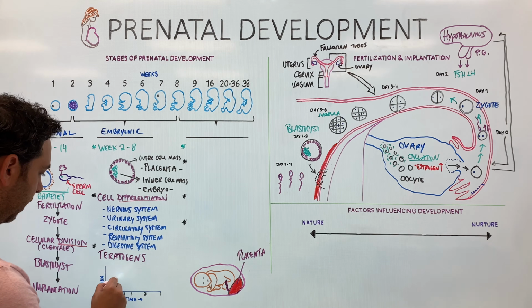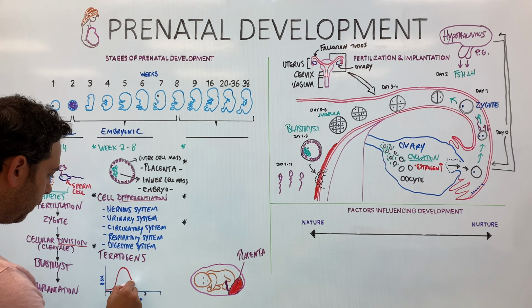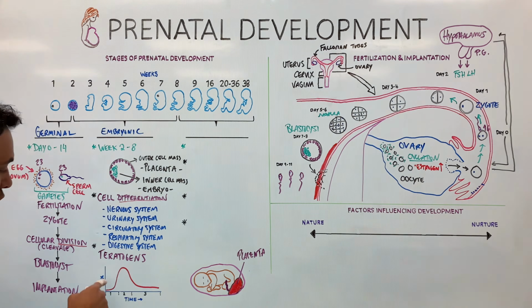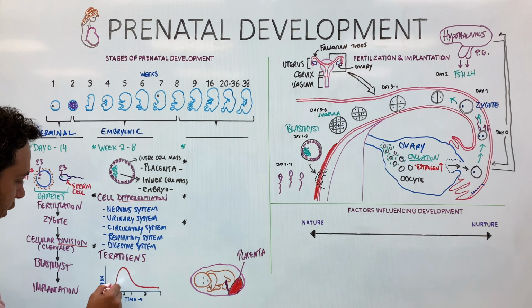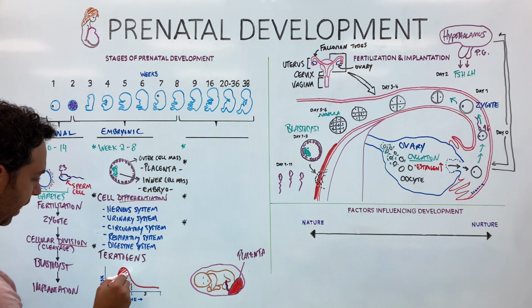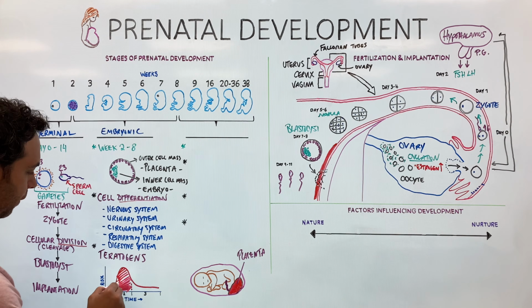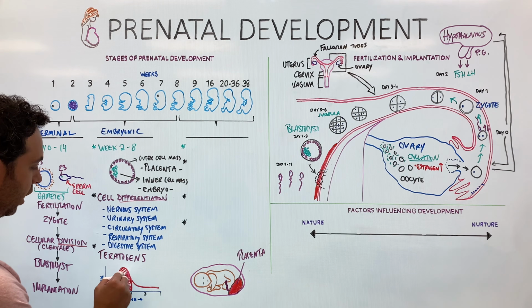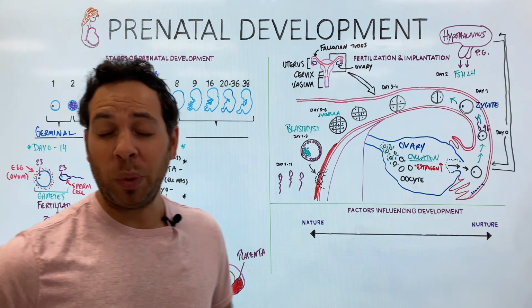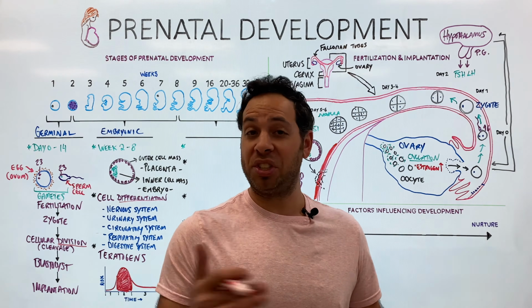What you can see, something like this, is that the greatest risk is during stage 2, the embryonic stage, right? All of this are things that could happen because of all the systems that are developing, okay? So make sure, mothers, that we take care of ourselves, especially during weeks 2 to 8. Now, this is not to say that, in week 27, you can just start smoking cigarettes. That's not what I'm saying.